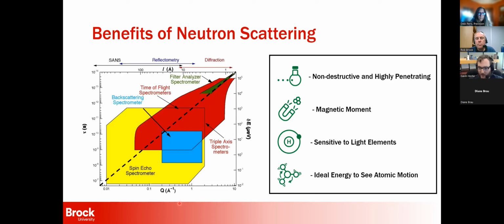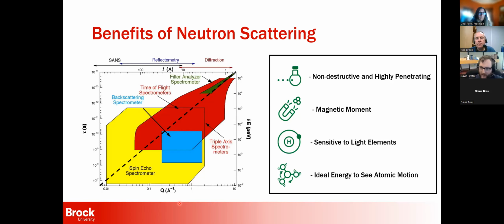And actually, I think it was Bertram Brockhouse who also won a Nobel Prize for neutron scattering who said, if the neutron hadn't existed, we would have needed to invent it. Because it just so happens that the neutron's mass gives it an energy and a wavelength that lets it scan these large ranges of length scales and time scales. And we can use that to our advantage as material scientists.